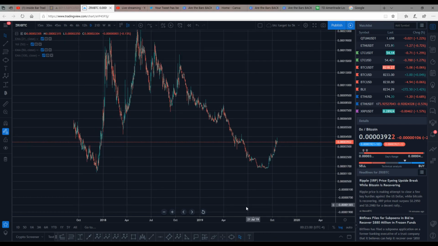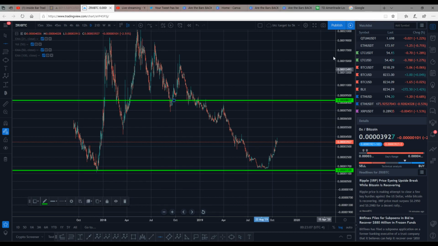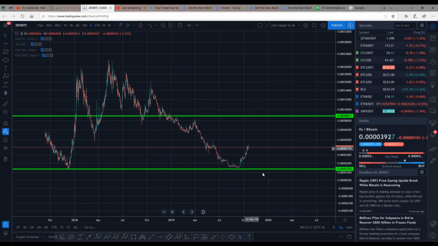It is actually one of the most bullish coins. I haven't checked yet, that's my first time looking at Xerox, but it is looking bullish, guys. You can see a double bottom, push to the upside. We haven't even retested any fib level.